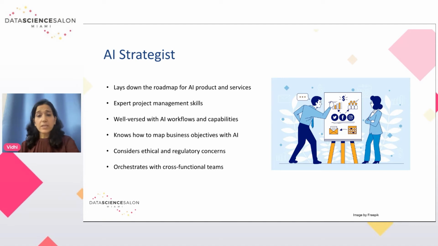The AI strategist understands the business problems and knows which of the business objectives are really solvable by using the power of AI algorithms. The strategist needs to have expertise in project management skills, but having said that, he or she also needs to be very well versed with AI workflows and its capabilities, because a large part of it needs to have an overlap with ethical and regulatory concerns.